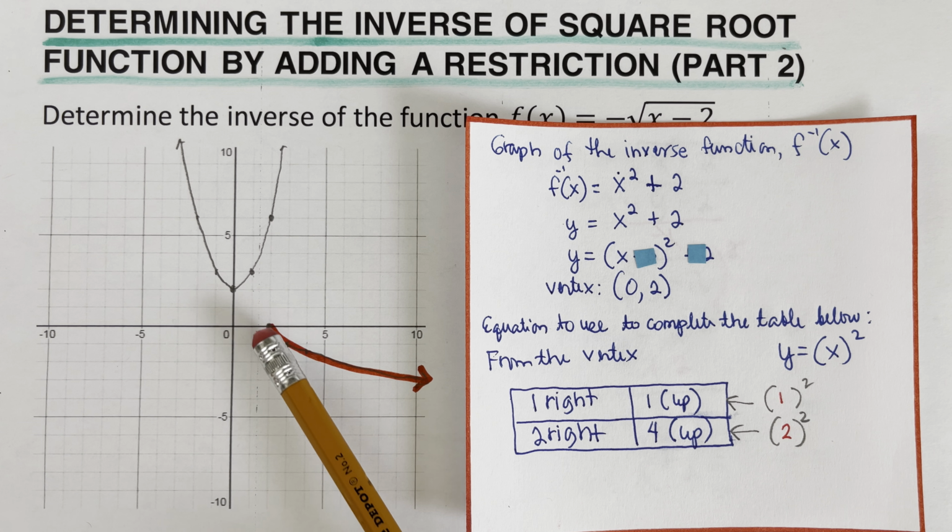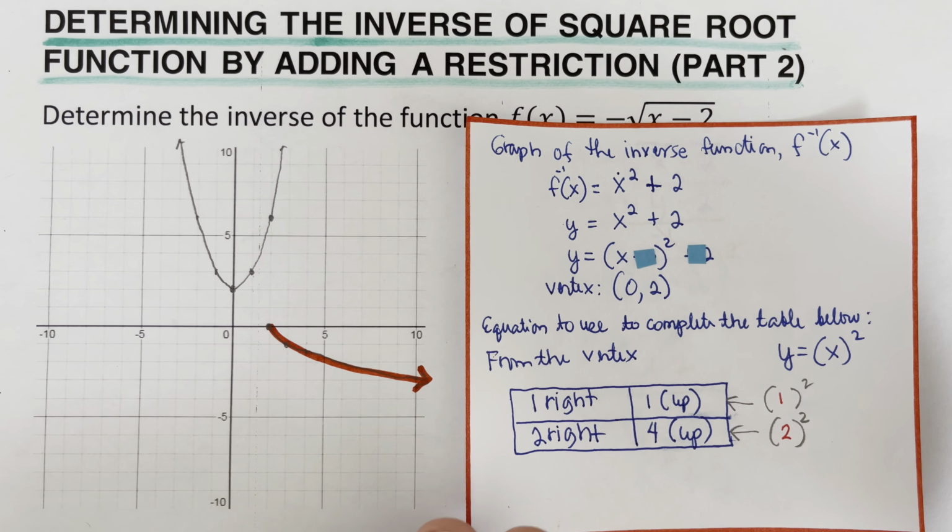Just by looking at this, we can actually tell that this left branch is the one that would match up if we fold it on y is equal to x. So that means that we can actually erase this other branch that we have here. Okay, so we actually have to restrict it.